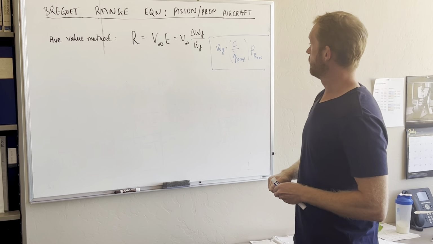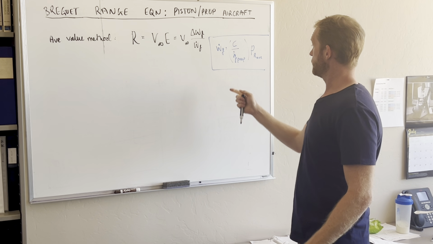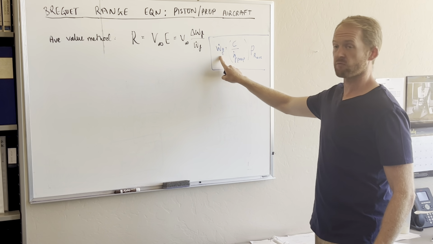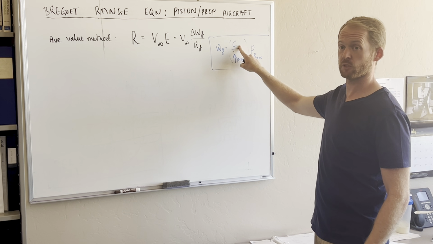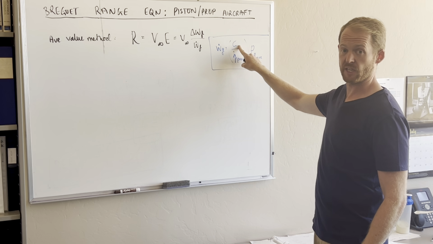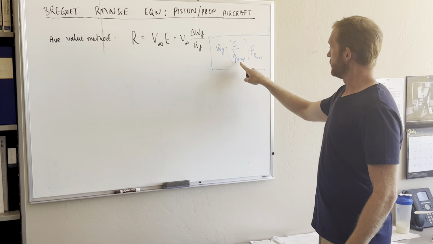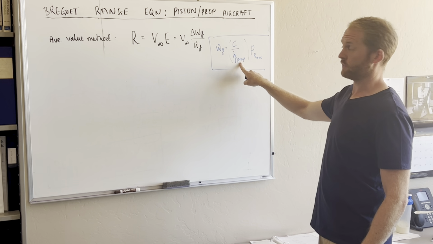We simplified this in the previous video using this equation. This is our rate of fuel burn. It's a function of the brake specific fuel consumption of our piston engine, C is the notation for that, divided by the propeller efficiency factor.